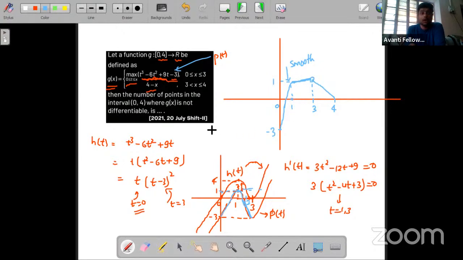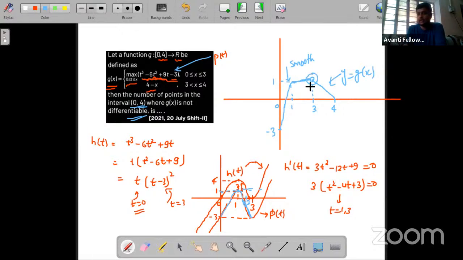So now this is our final curve of y equals g of x. Now we have to find the number of points in the interval 0 to 4 where g of x is non-differentiable. Non-differentiable means either not continuous or having a sharp turn. So from here we are getting a smooth curve.